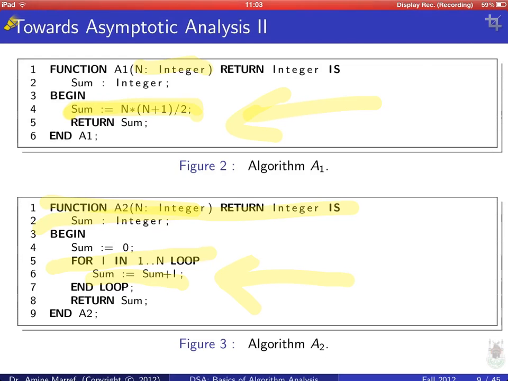What is the constant in algorithm 1? Two. Number 2. Yeah. So the formula, 2? Yes.